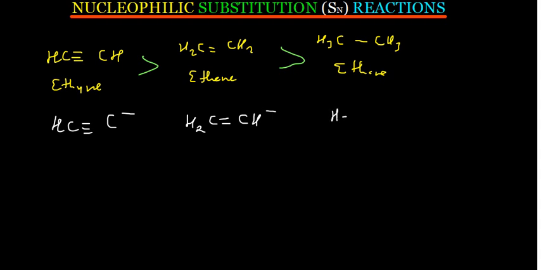And then we have got H3C CH2 minus like that. So in this case, the strongest base is going to be the alkane, followed by the alkene and then the alkyne, because we know that the weaker the acid, the stronger the conjugate base. So this is how acidity increases with respect to hybridization.